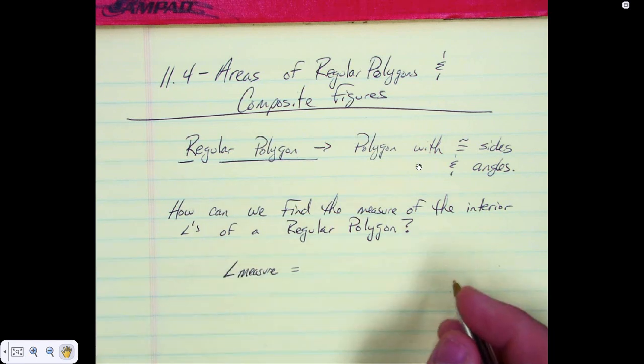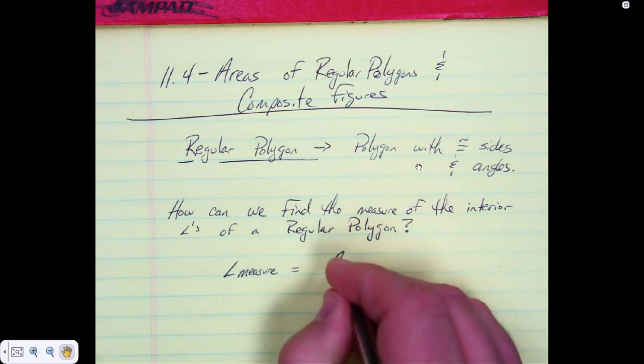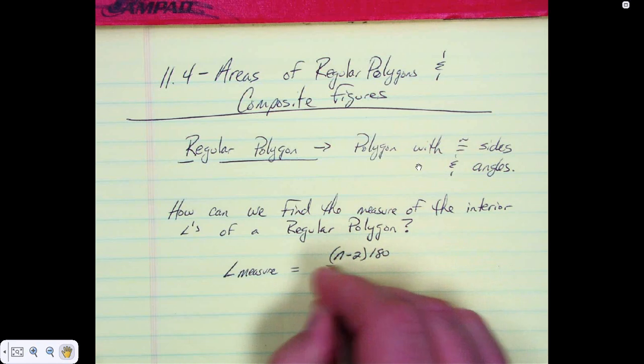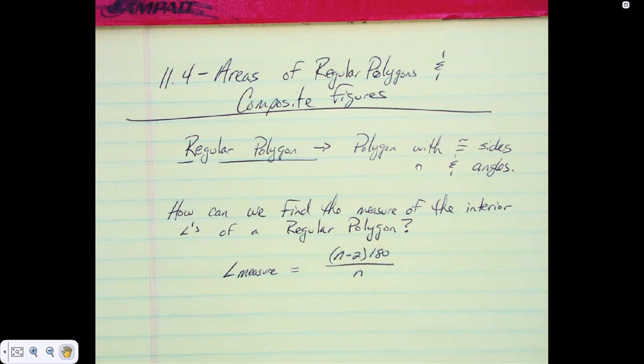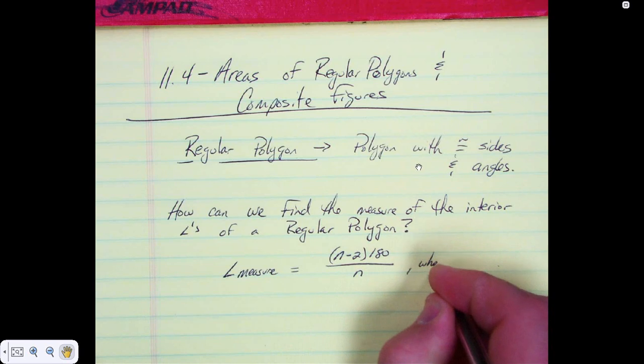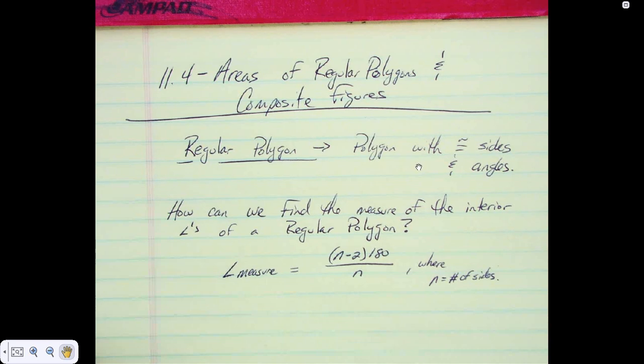You remember something that had an n in it that we've done? It's n minus 2 times 180 divided by n, where n is equal to the number of sides. That will be the measure of each interior angle of a regular polygon every time.